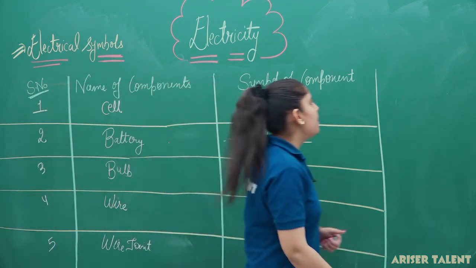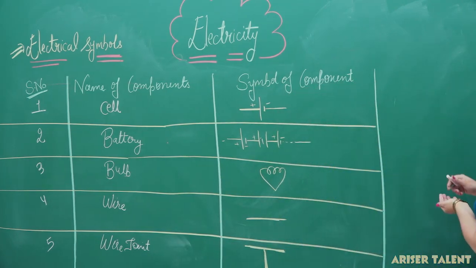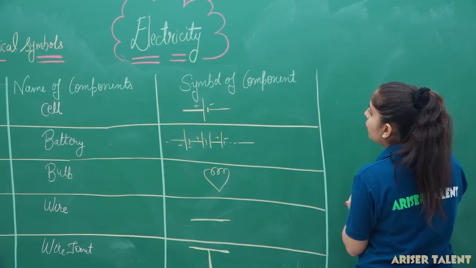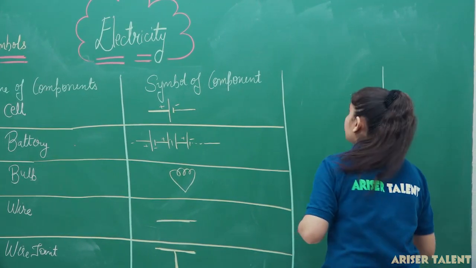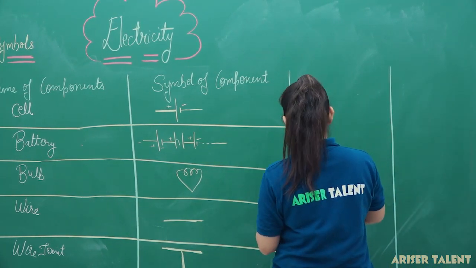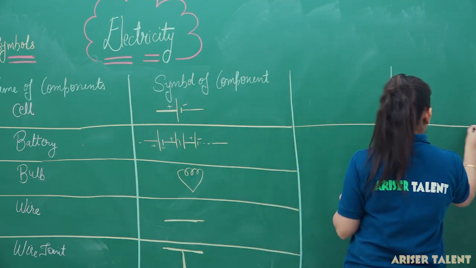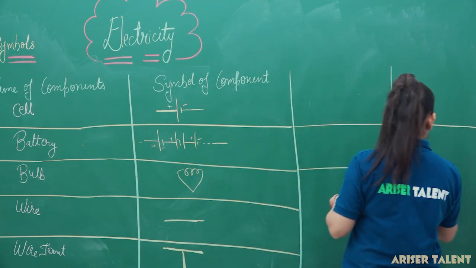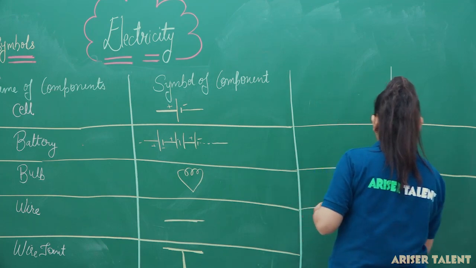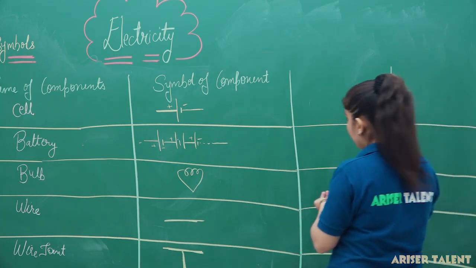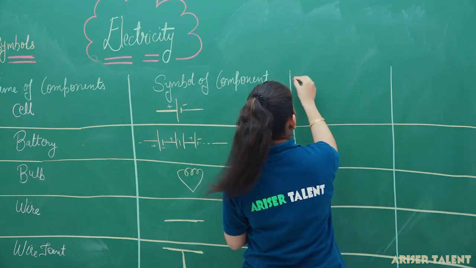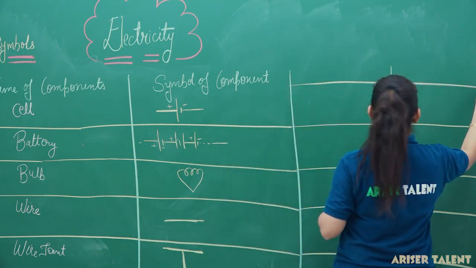We have many more symbols here, so again we divide them into two categories. Some symbols I am writing here because we have less space here.